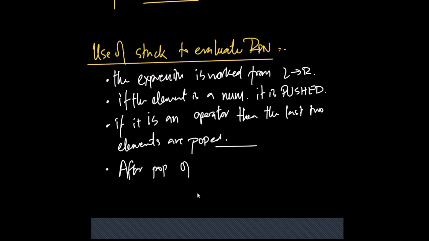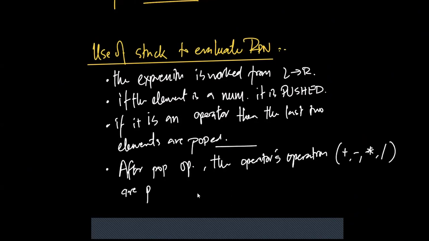After the pop operation, the operator's operation, i.e., subtraction, multiplication, division, is performed on the numbers.